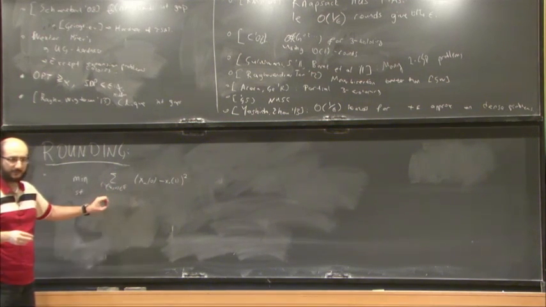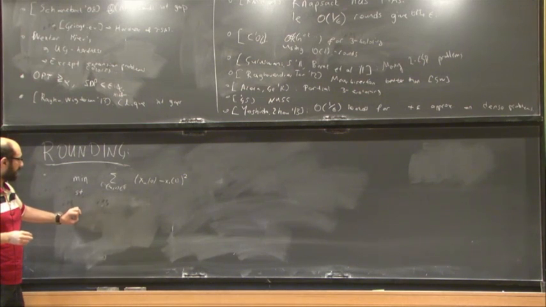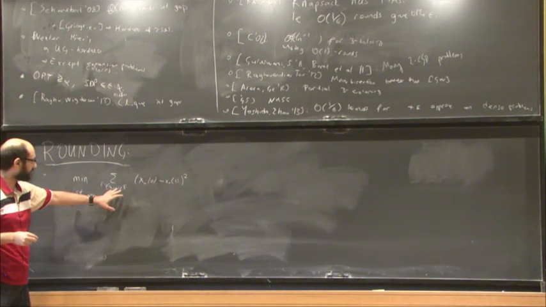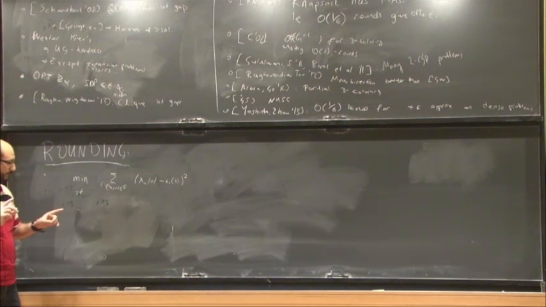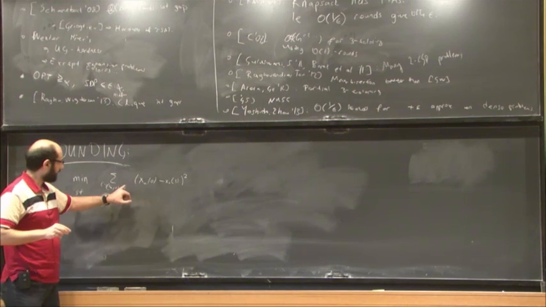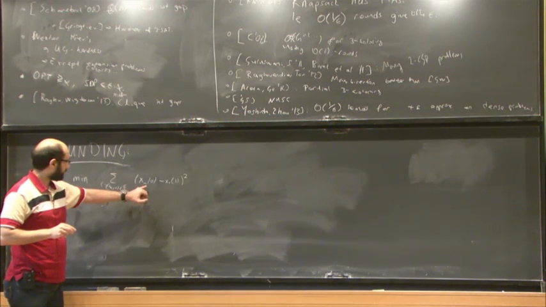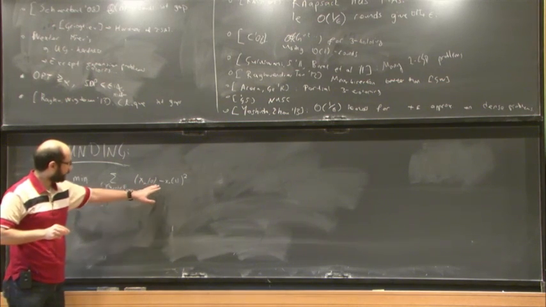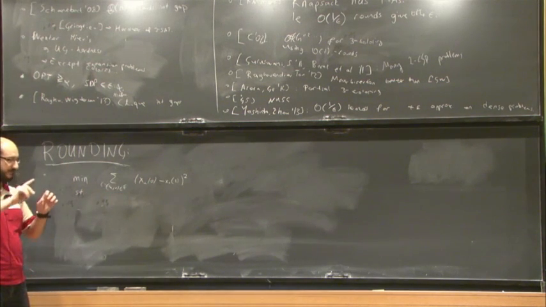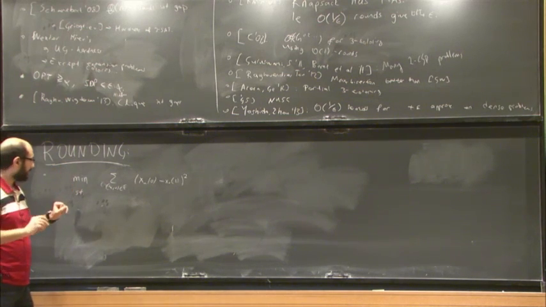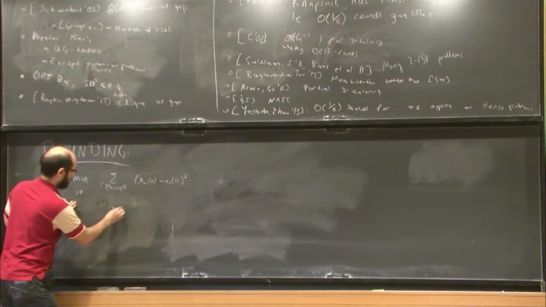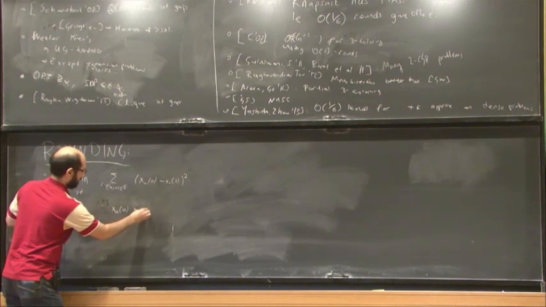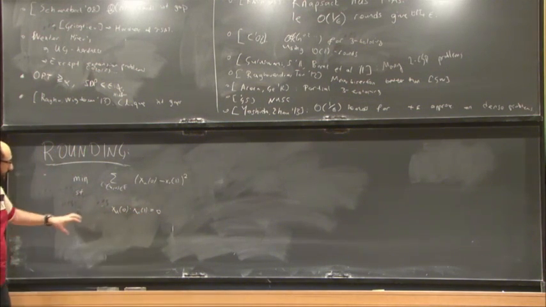So I'll write them in a minute. Suppose we are trying to minimize over all edges. We are trying to find the labeling of nodes by 0 or 1, such that we cut all the edges that go between different labels, and we don't want any different labels assigned to the same node.